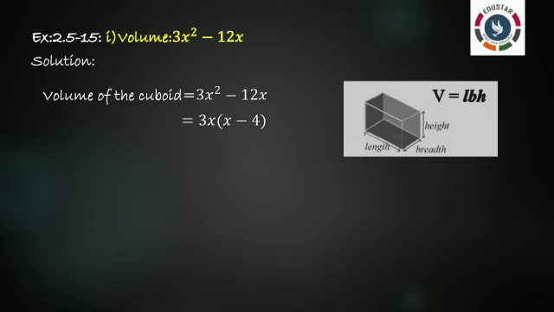Now here we even have what? 3 terms. That is L into B into H. L value can be 3, B value can be x and H value can be x minus 4. You can also take L as x minus 4, B as x and H as 3. It doesn't change the answer.